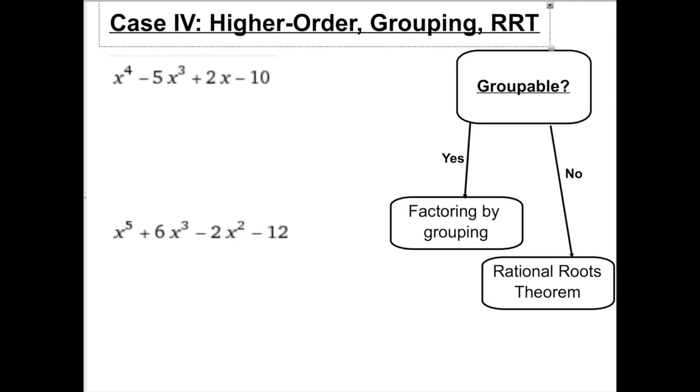We now have to ask ourselves, where do we go from here? Can we group it? Because if so, we can still pull off factoring by grouping when the biggest power of x is more than 3. In this case, for example, when we have a quartic, biggest power of x4, or a quintic, biggest power of x5. But otherwise, we are going to have to use the rational roots theorem. And I'll talk about that in a minute.